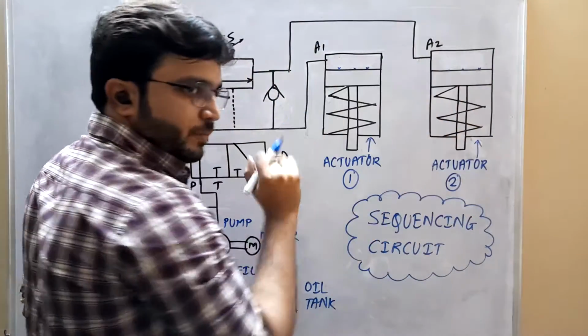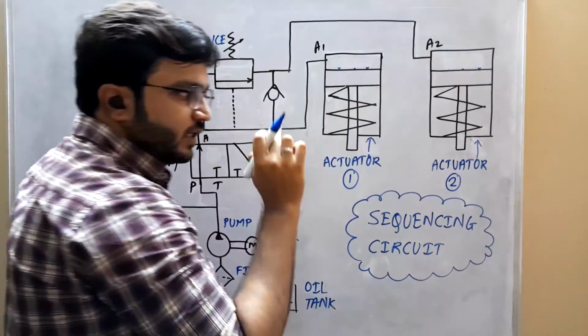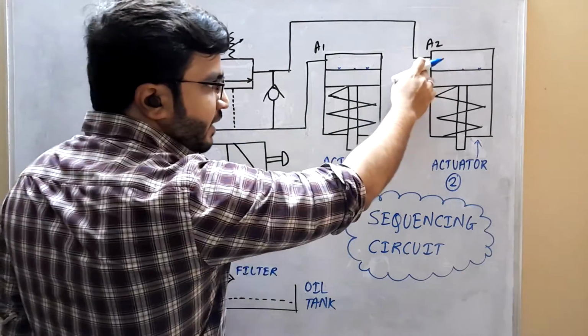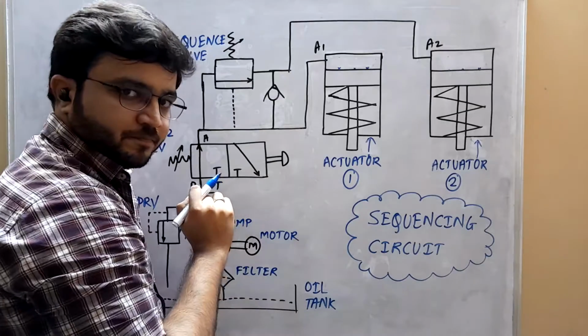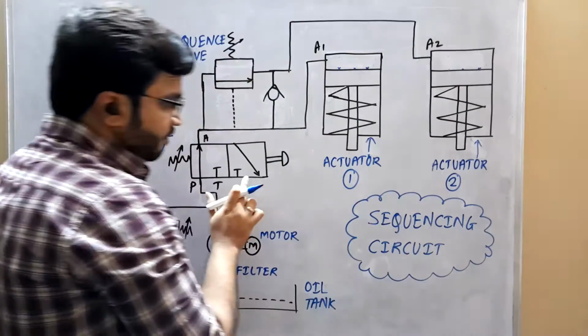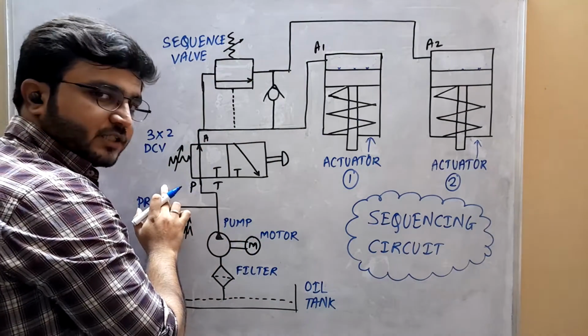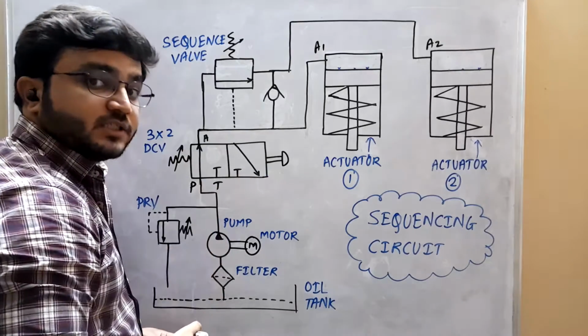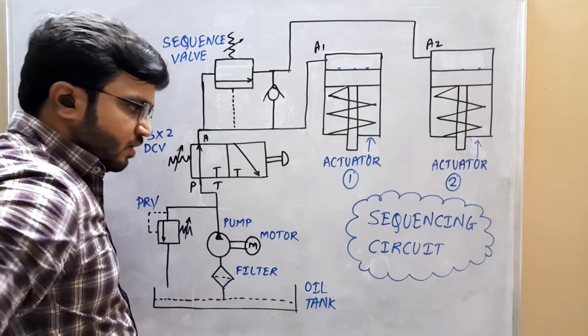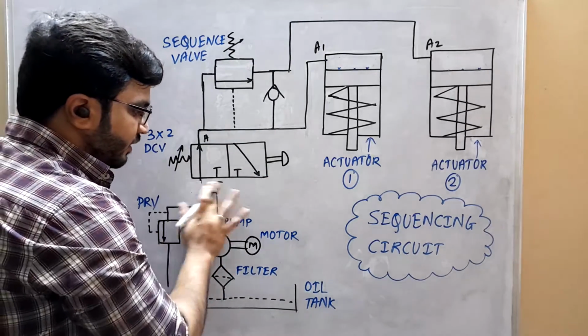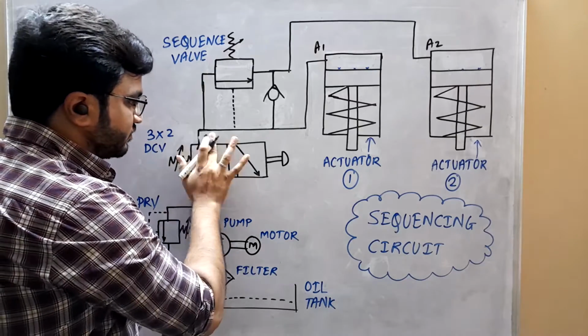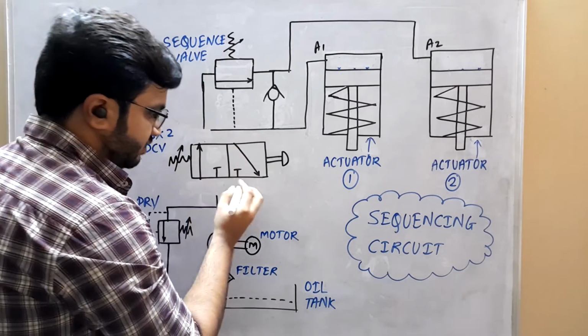Because of this upward movement, the oil on the top end of the actuator 2, it will be coming out of this particular line. In the meantime, the direction control valve will be put in its second mode of operation. And in this second mode of operation, the connections will be like this.